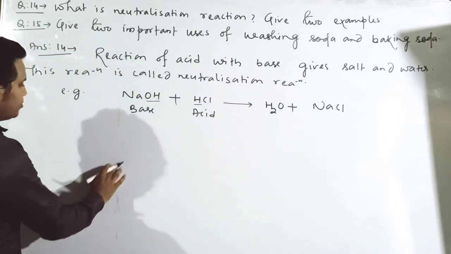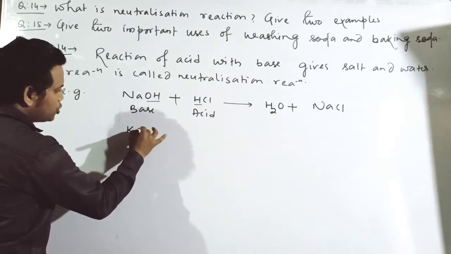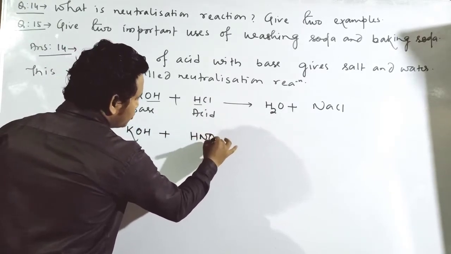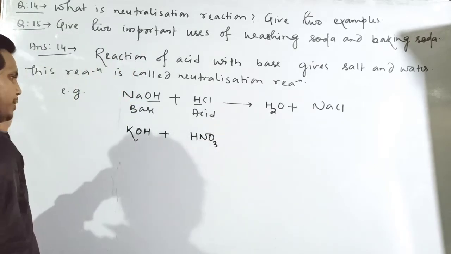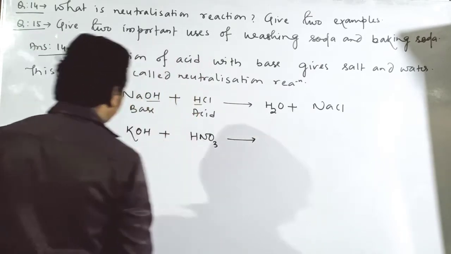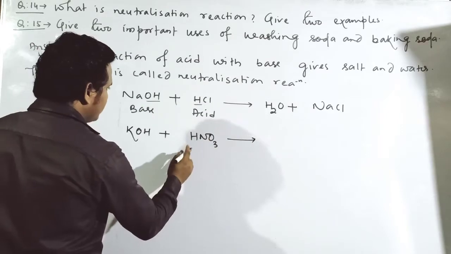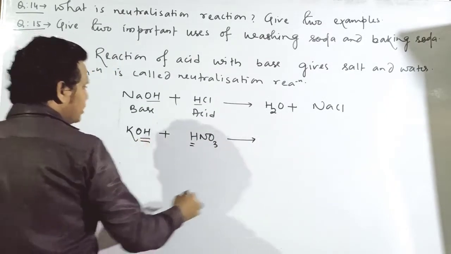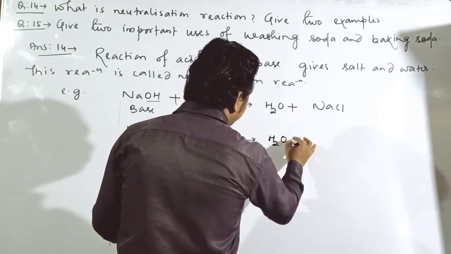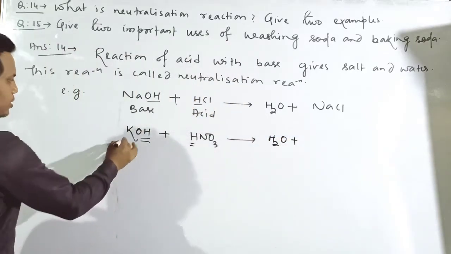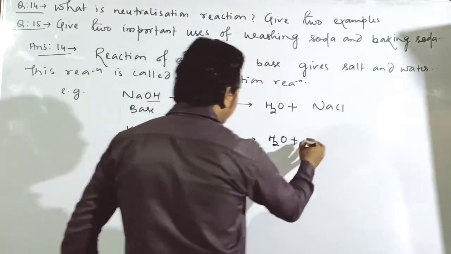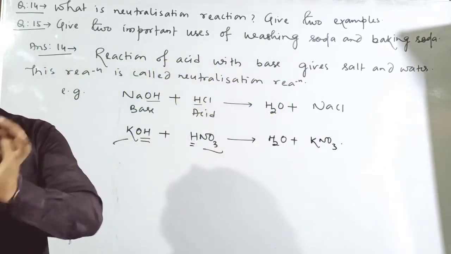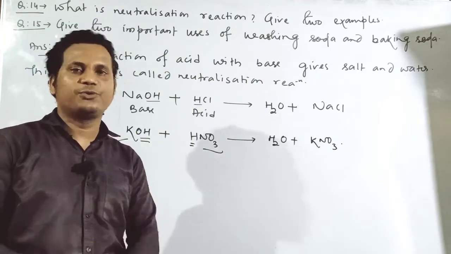Take one more example. Any base, suppose potassium hydroxide. Any acid, suppose HNO3, nitric acid, or you can take sulfuric acid. Nitric acid. Okay. Reaction: acid will give H positive, base will give OH negative. The HOH, water, and salt, KNO3, KNO3, or any other reaction as per your convenience you can write.